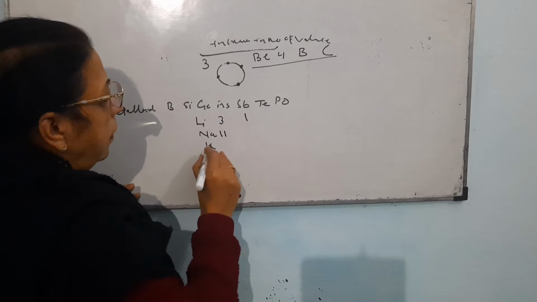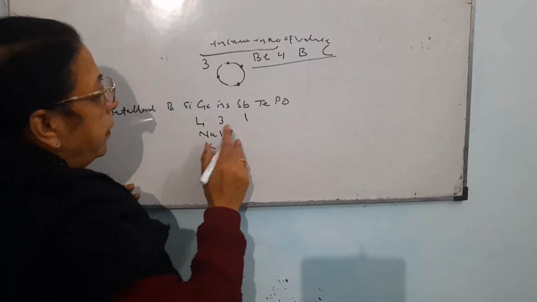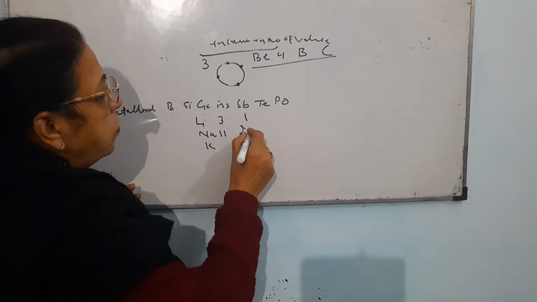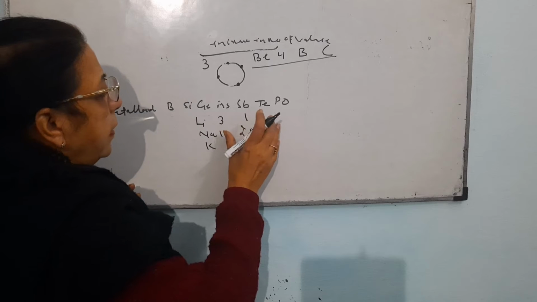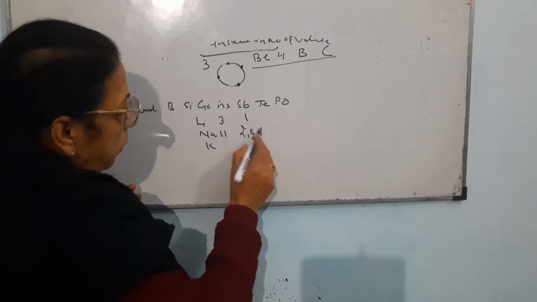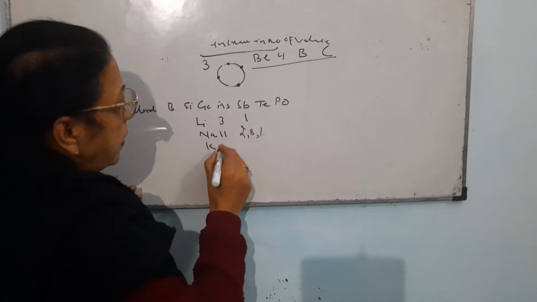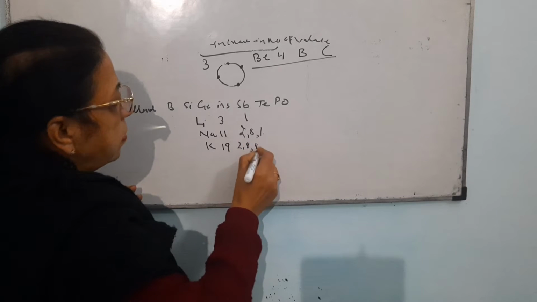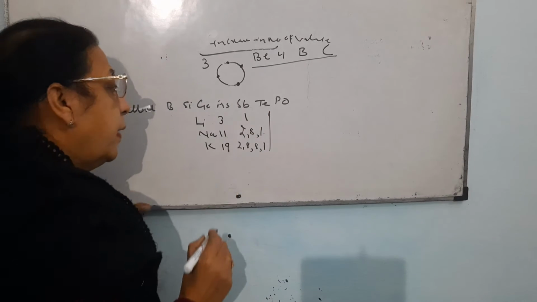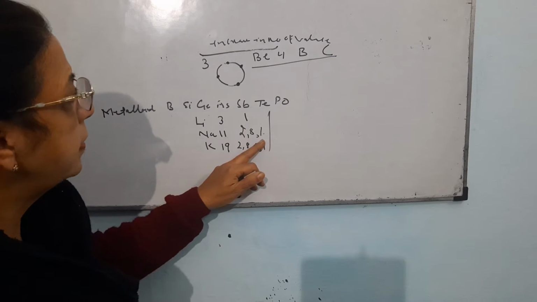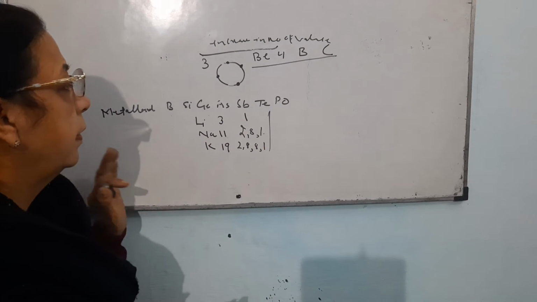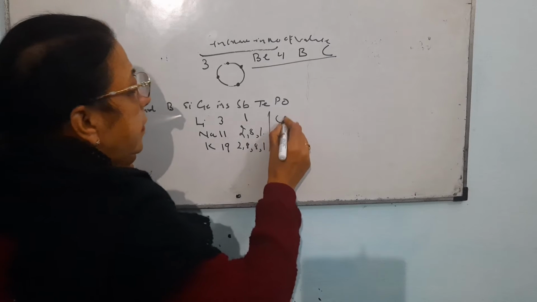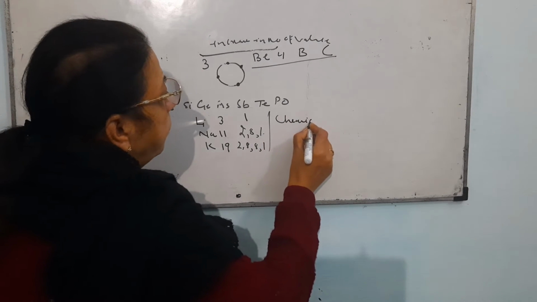Sodium has atomic number 11, its configuration is 2, 8, 1. Again, it has 1 valence electron. Potassium has atomic number 19. It also has 1 valence electron. So the number of valence electrons is the same. That is why the chemical properties in a group are the same.